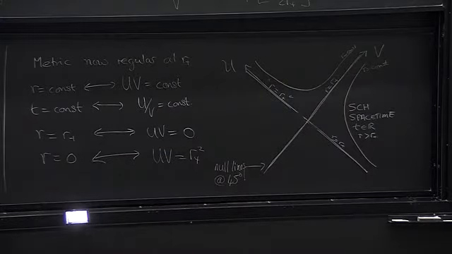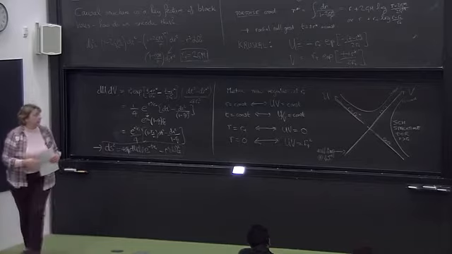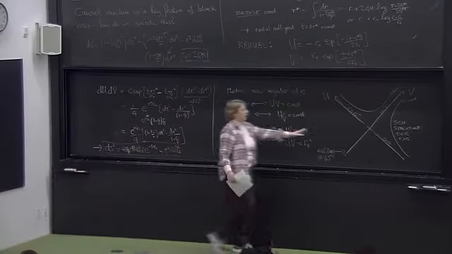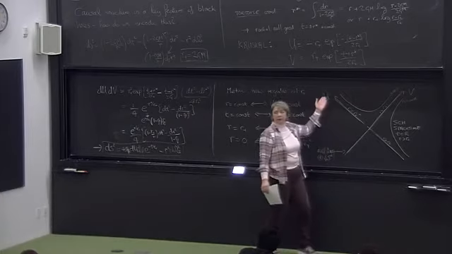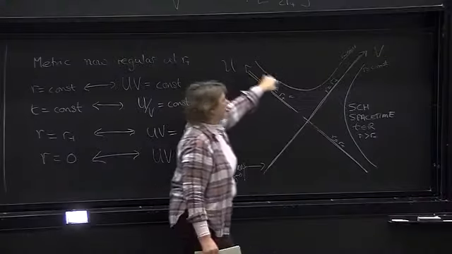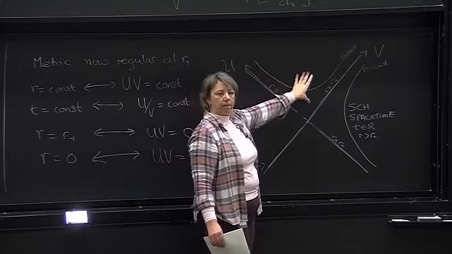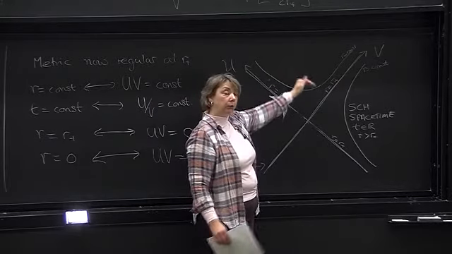Remember, the u and v are null coordinates, so I've drawn them in increasing time. What this now looks like is that this r coordinate inside here is now a time-like coordinate.